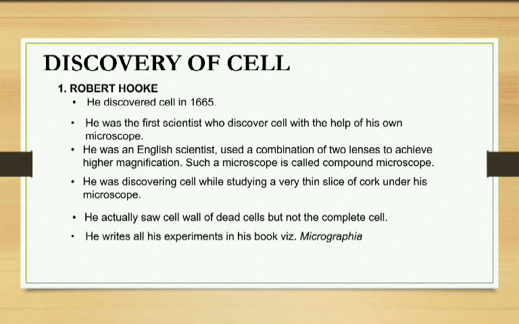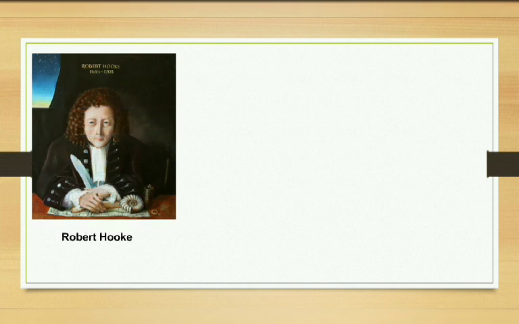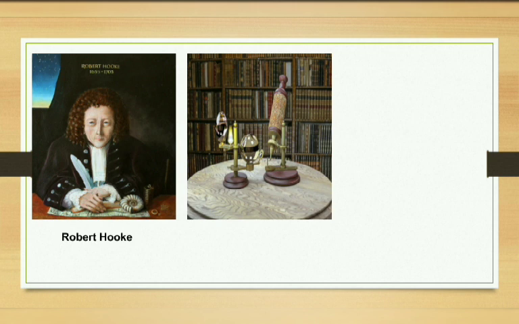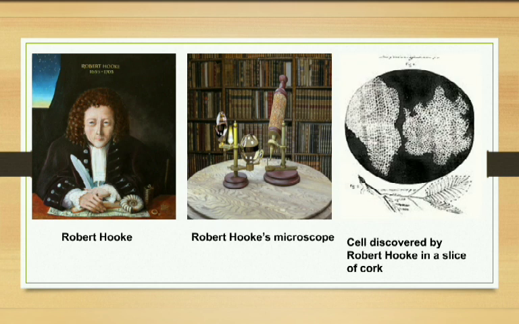At that time, he wrote a book, Micrographia, and wrote all his experiments about the cell in it. The term cell was given by him. First you see Robert Hooke, this is the microscope that he used, and this one is the diagram.